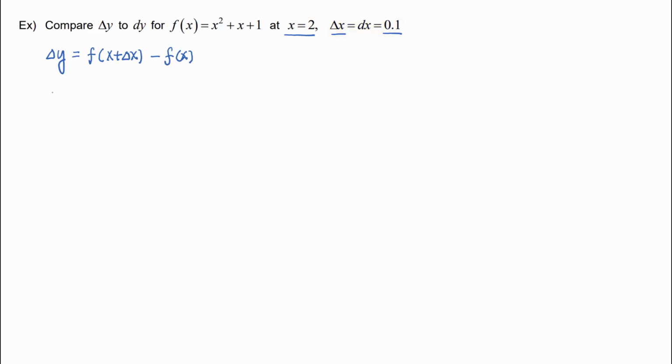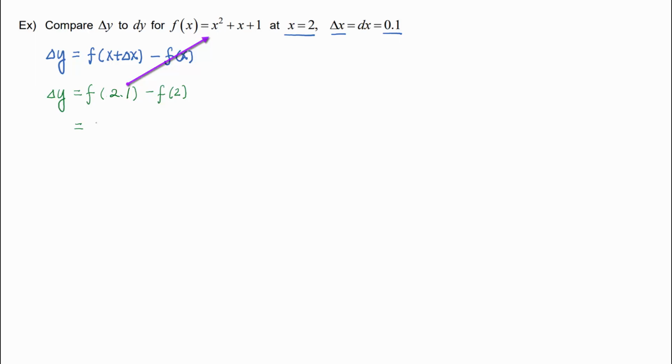So in our case, delta y is equal to f of, recall x is 2, delta x is 0.1, so this is f of 2.1 minus f of 2. You're going to evaluate your f at x equal 2.1, which is 2.1 squared plus 2.1 plus 1.